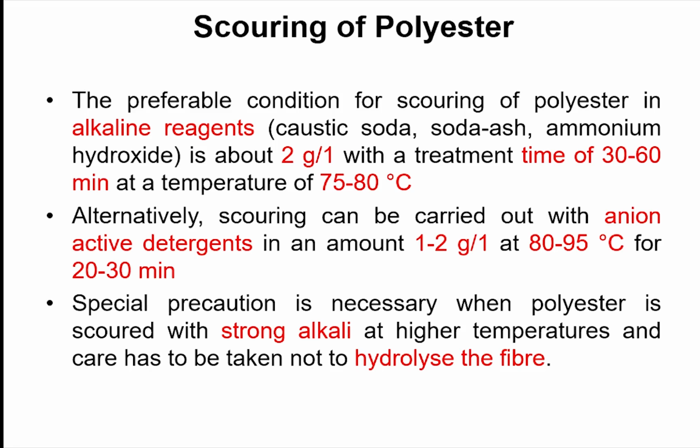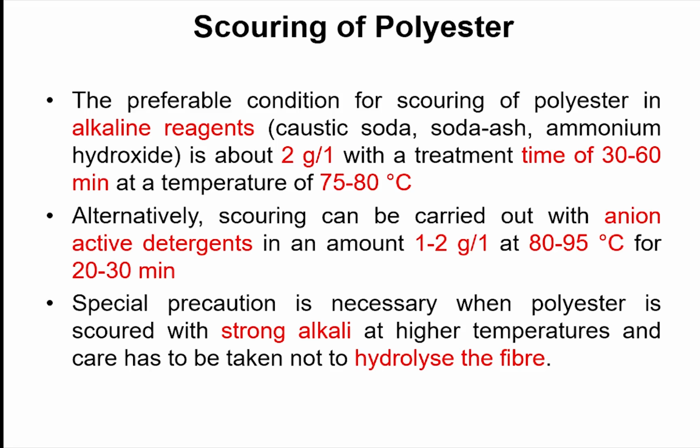Normally we keep 90 to 95 degrees Celsius, but since you are using polyester fiber, it will tender in alkaline solution. So it is better to use 75 to 80 degrees Celsius for scouring.